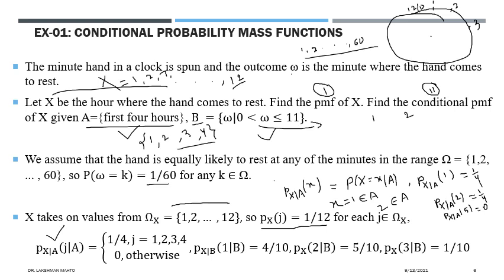Remember that B is defined in terms of minutes, so if you want to convert to an hourly basis, you have to convert like this. It is equivalent to 1 hour, 2 hours kind of things, and up to 3 also you can take it this way.